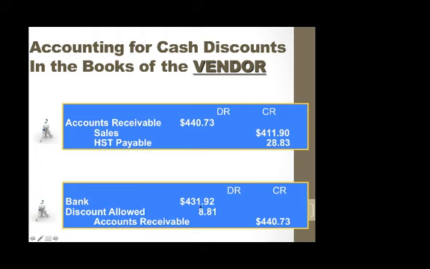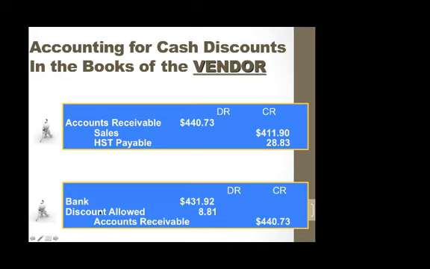They're only collecting $431.92. Even though they're owed $440.73, they still put the whole amount in the credit for accounts receivable because you want to be able to clear the whole accounts receivable. If you only put $431.92, it would look like the customer still owed you $8.81. However, in this case, they were allowed to take a discount.